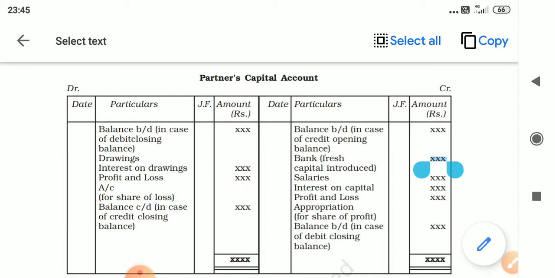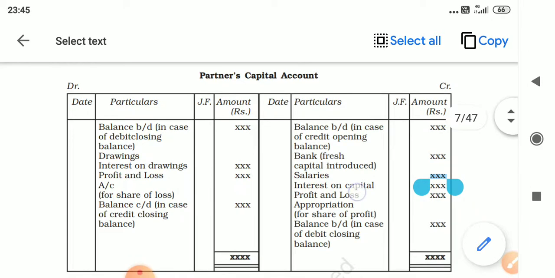Now, any kind of salaries, interest on capital, remuneration, commission, all these kinds of incomes, which is an income to the partner, will appear on the credit side of the partner's capital account. So, salary, remuneration, commission, which is payable to the partner, and interest on capital will appear on the credit side of partner's capital account. Now, on the debit side, you have drawings.